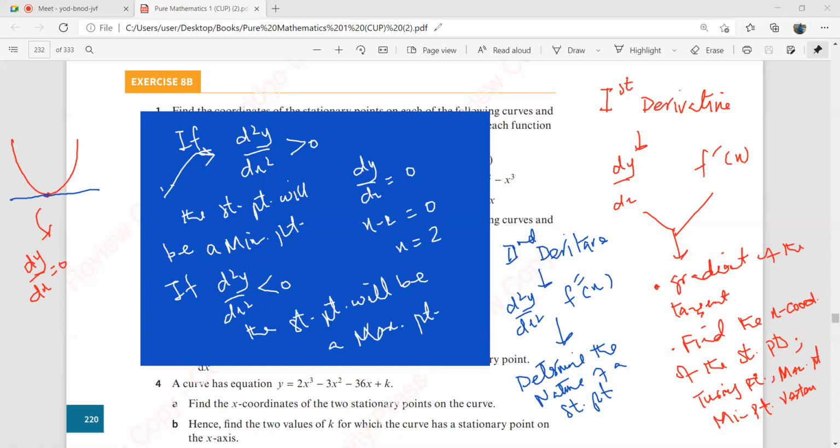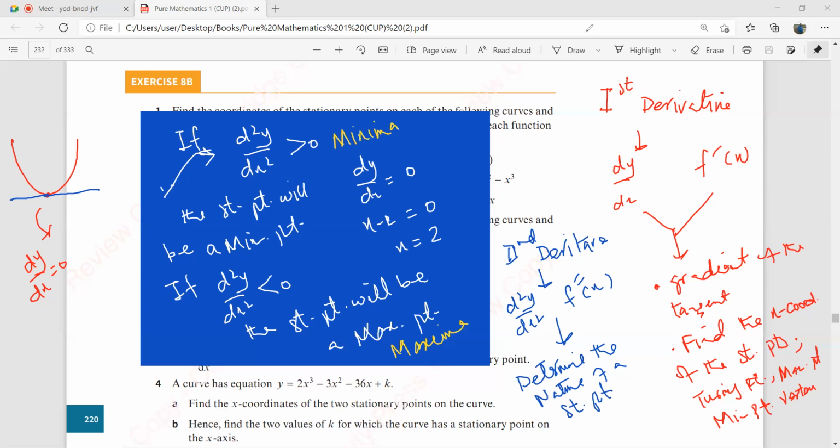And this minimum point can also be called minima, okay? And this maximum point can also be called a maxima, okay? So you have a minima if your second derivative is positive. You will have a maximum if your second derivative is negative.